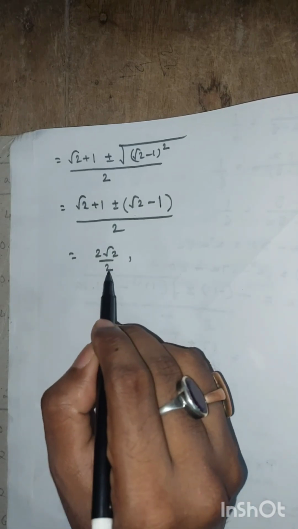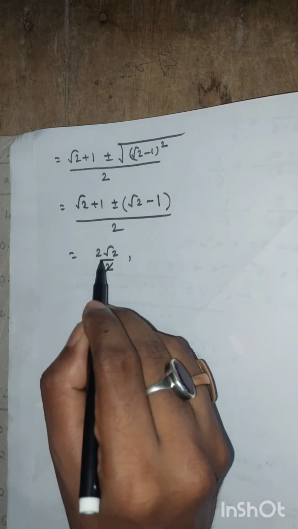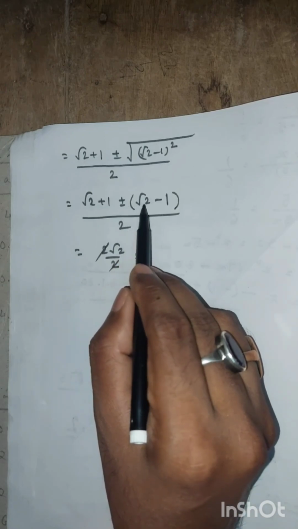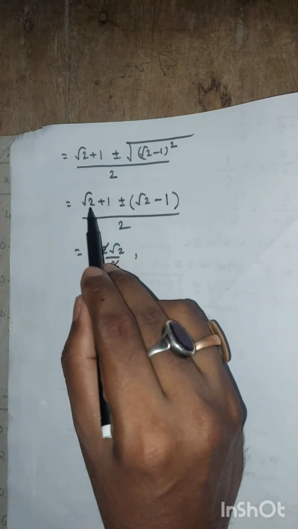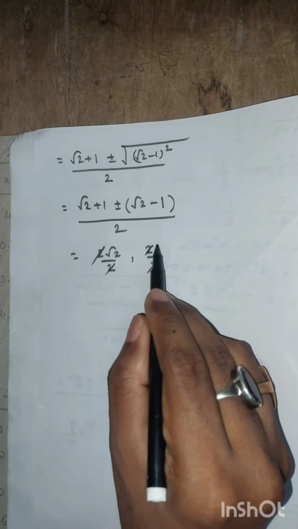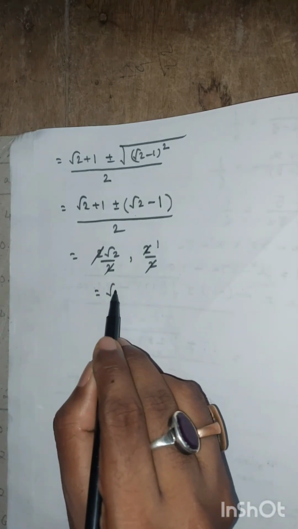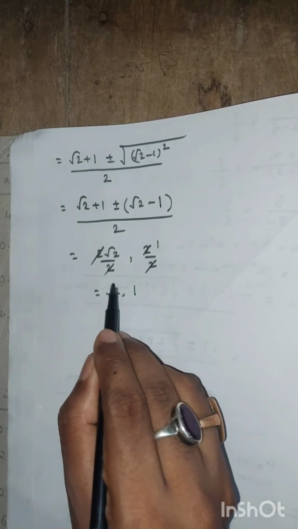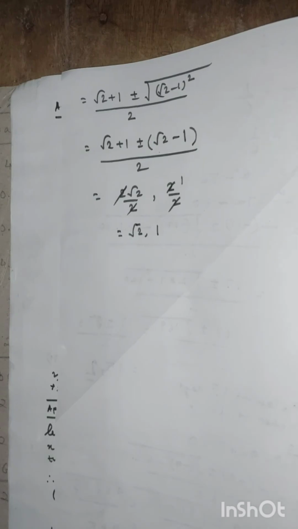So this is only root 2. And if I take minus, root 2 and plus root 2 get cancelled, and it becomes 2 by 2, that is 1. So the two values are root 2 comma 1. These are the two values of x.